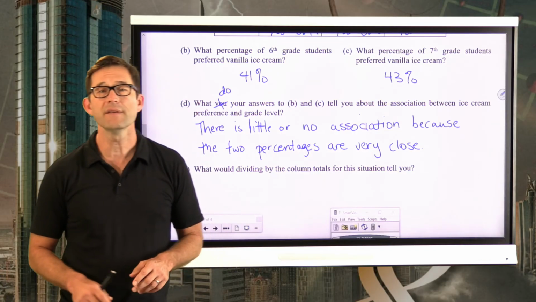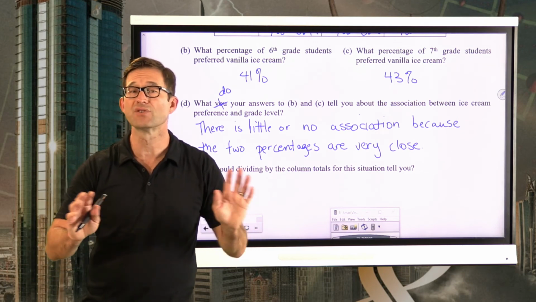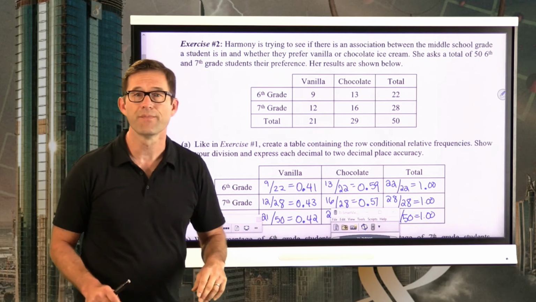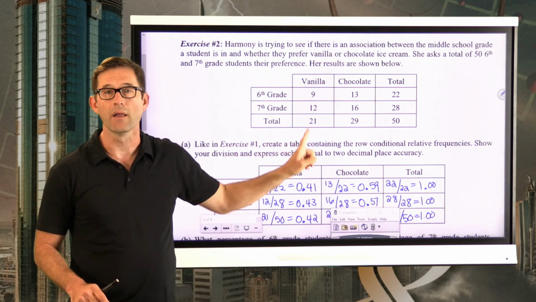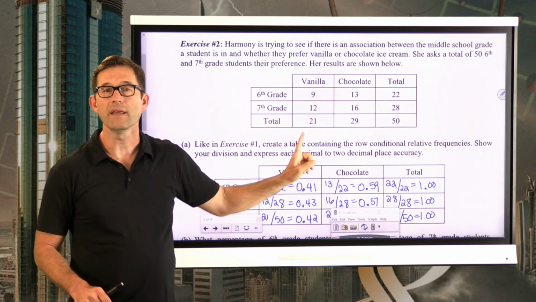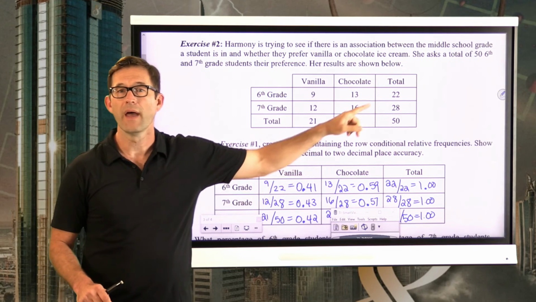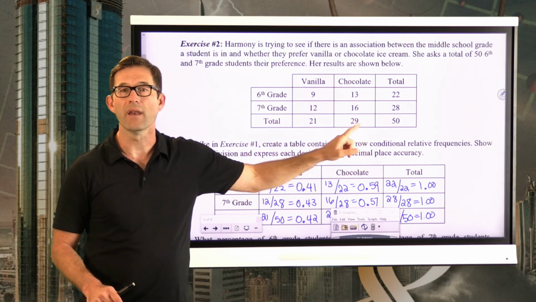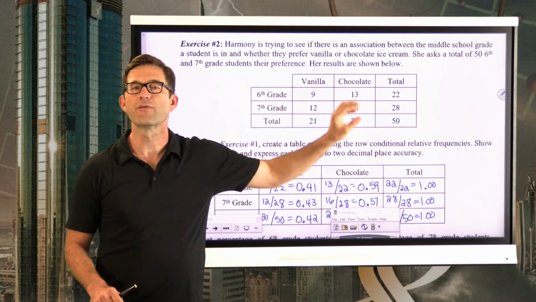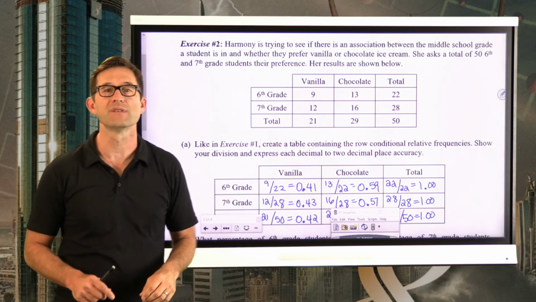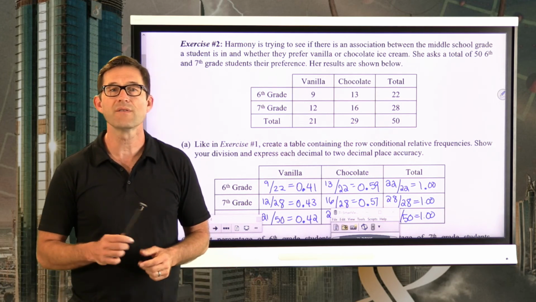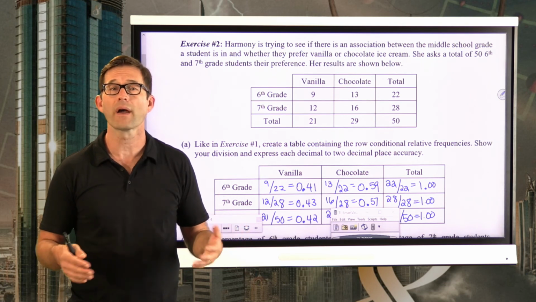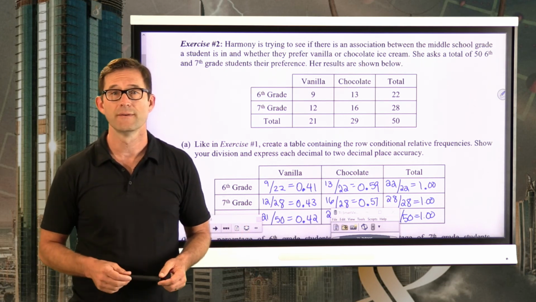I'm not talking about any kind of associations, but literally, if we took this column and divided each of its entries by 21, and then this column and divided each of its entries by 29, what would those relative frequencies now tell me? Pause the video and think about this. You don't need to do the division. I'm just asking, what kind of information would it give us?